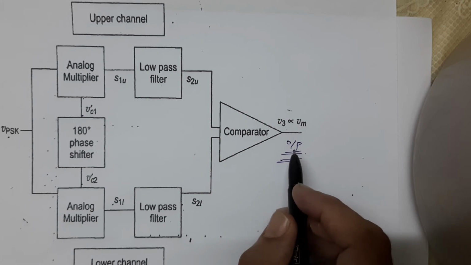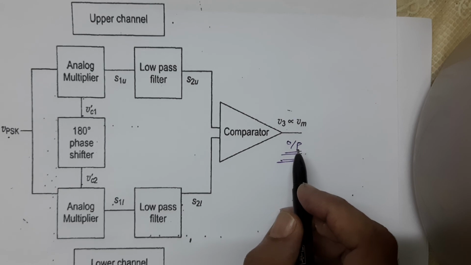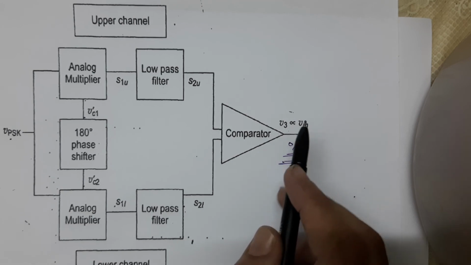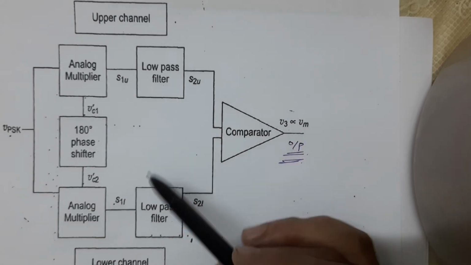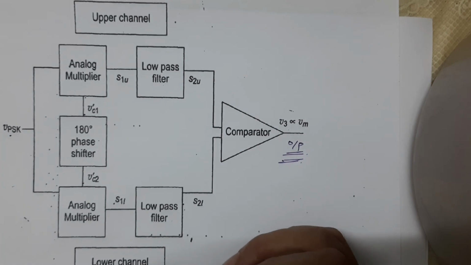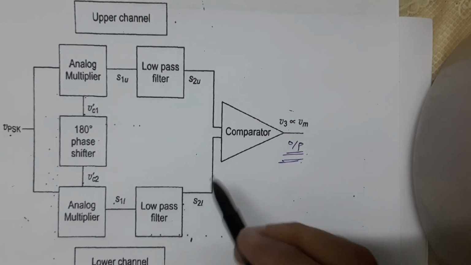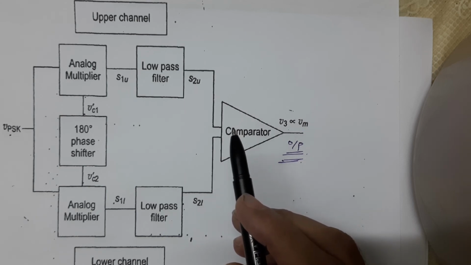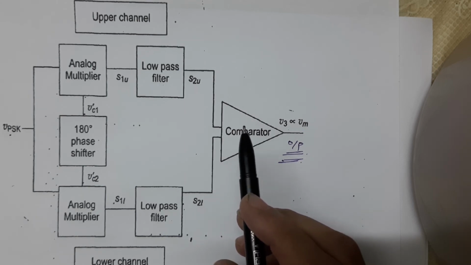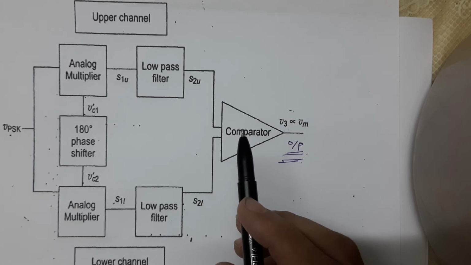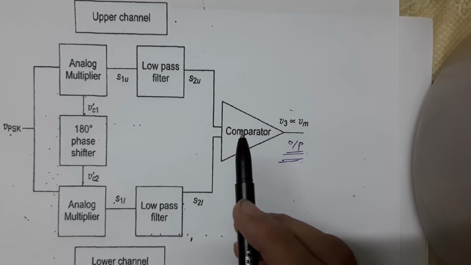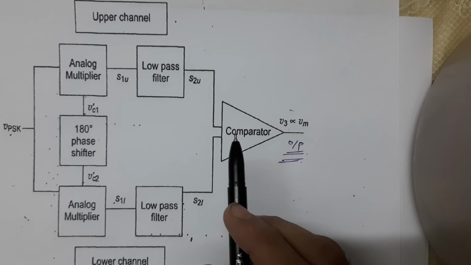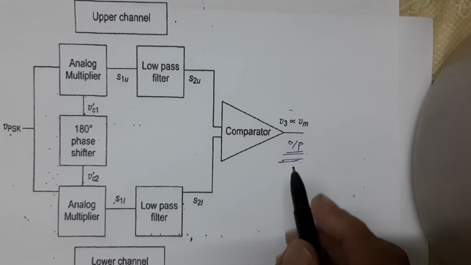It is simple, right? In this way, the baseband message is retrieved from the PSK signal.